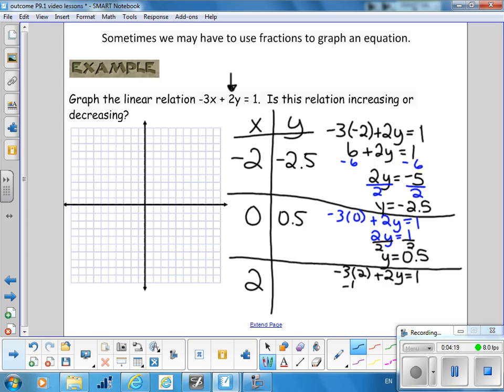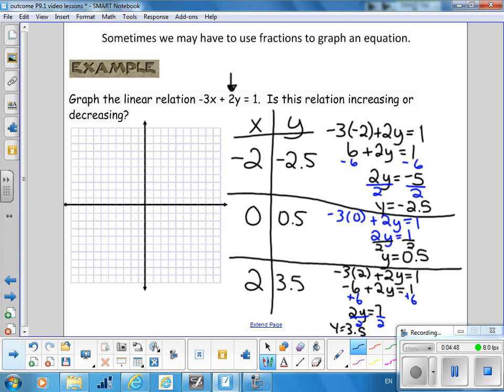So we will get -6 plus 2y equals 1. Inverse operation means add 6. So we get 2y equals 7. Inverse is divide by 2. So we end up with y equals 3.5. 7 divided by 2 is 3.5. So we can work with 0.5s pretty easily.